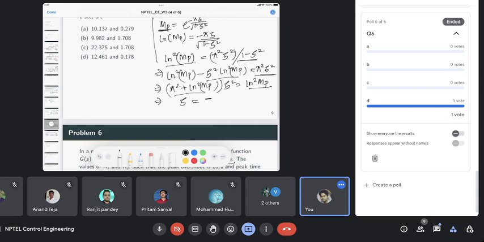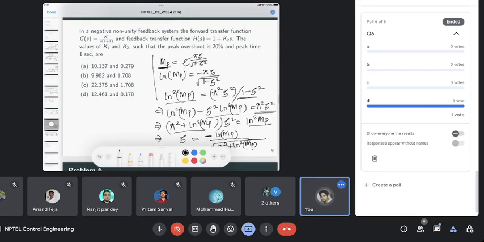So here this is your formula, with ln square MP.